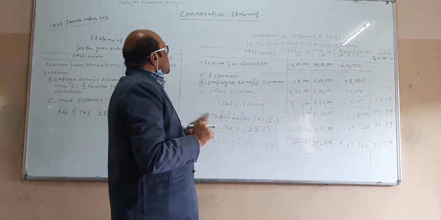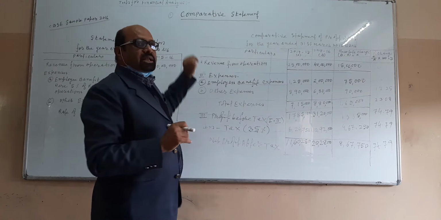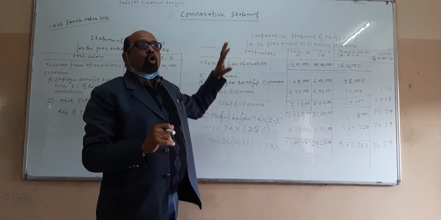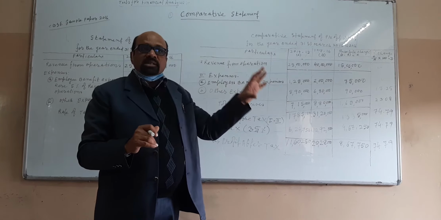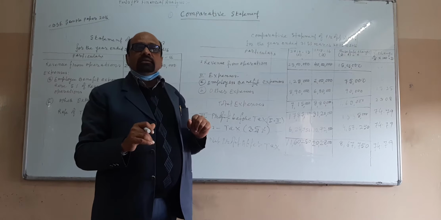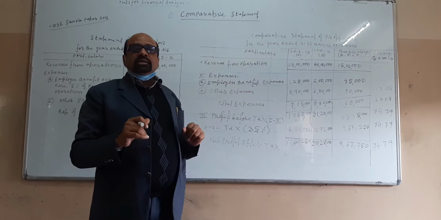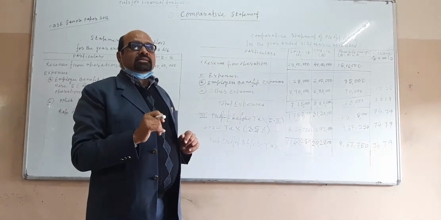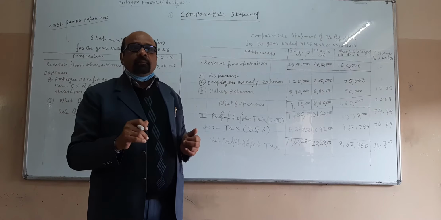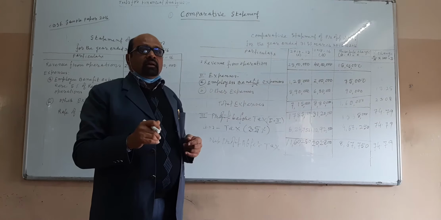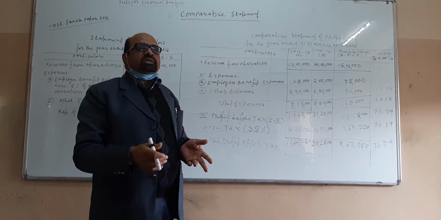For analysis of company's financial statement, we use the different tools. Like number one is comparative income statement, then common size income statement, then common size balance sheet, comparative balance sheet, ratio analysis, trend analysis, cash flow statement, fund flow statement. These are the different tools.